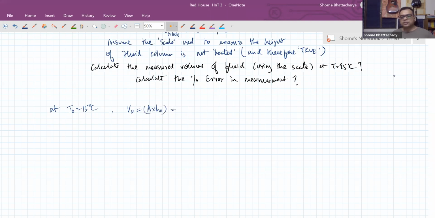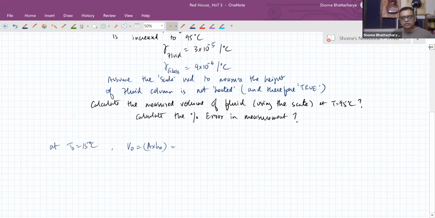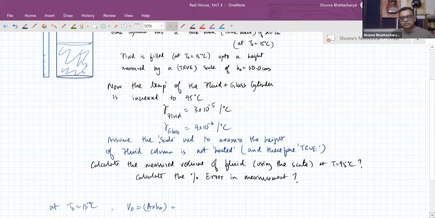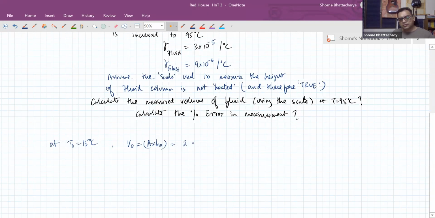The base area was 20 centimeters square and we had measured the height of the liquid column to be 50 centimeters. So that's 10 raised power 3 cubic centimeters, which is exactly 1 liter. That's the true volume.